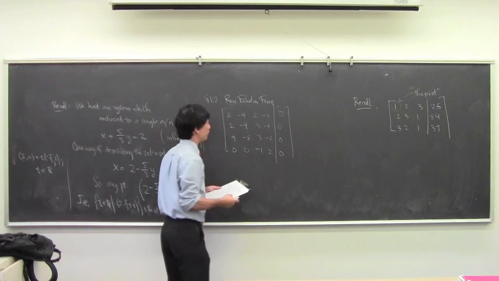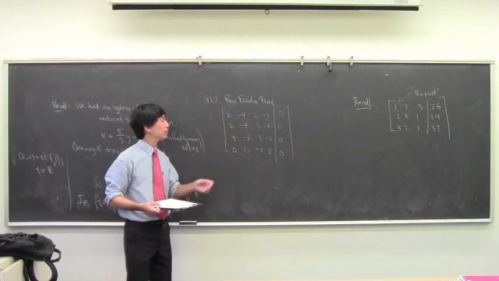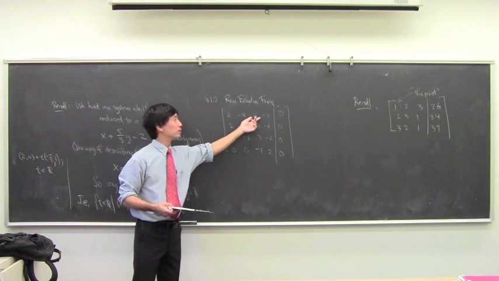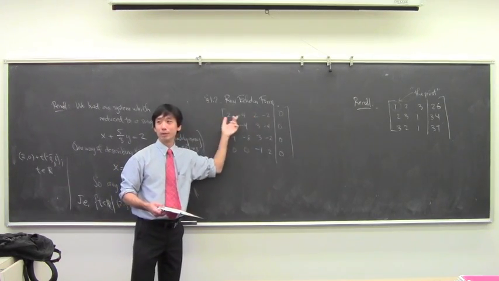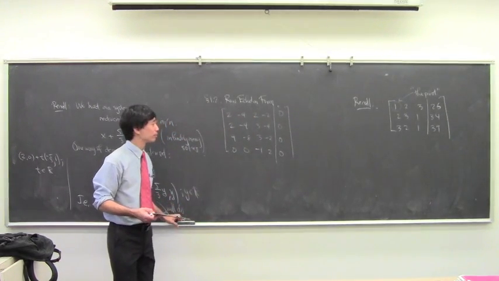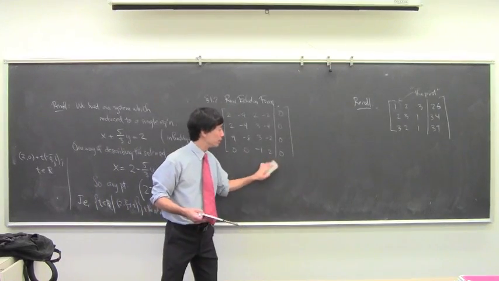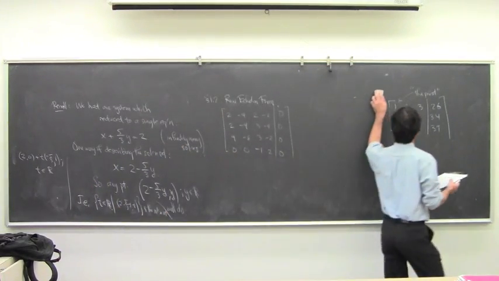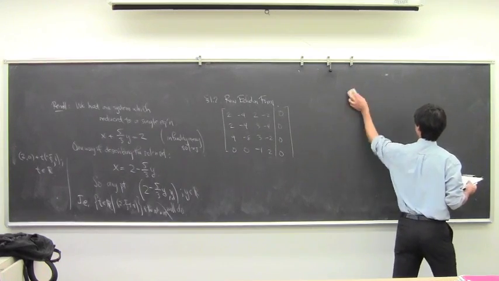So four equations and 4 unknowns. This is really 2w minus 4x plus 2y minus 2z equals 0, etc. And I'd like you to solve this system.